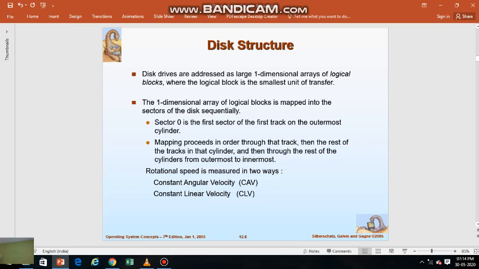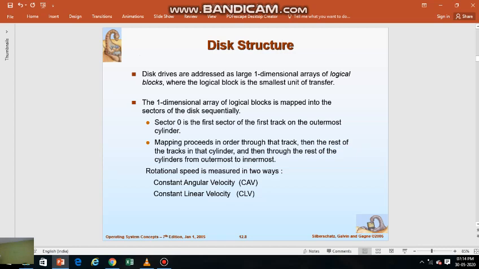Now, regarding the rotational speed, to do the mapping the disk must rotate. When the disk rotates, the arms and the heads do the mapping. There are two ways to measure this speed: the constant angular velocity and the constant linear velocity.